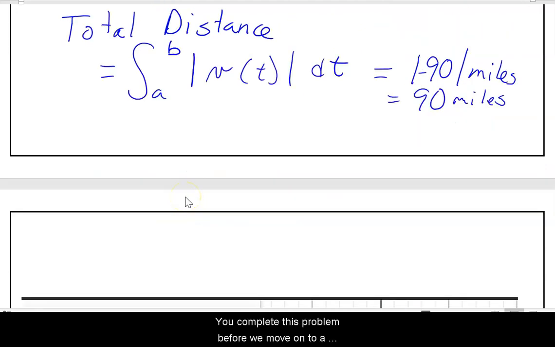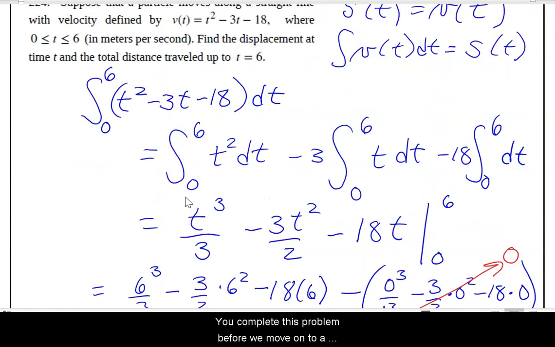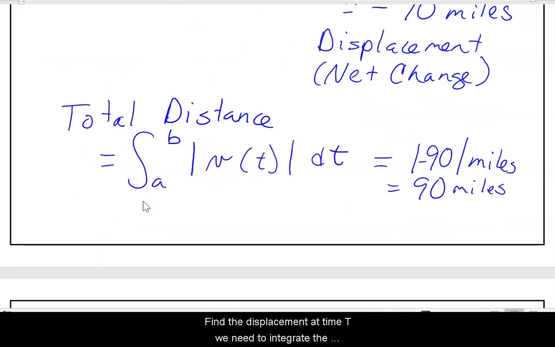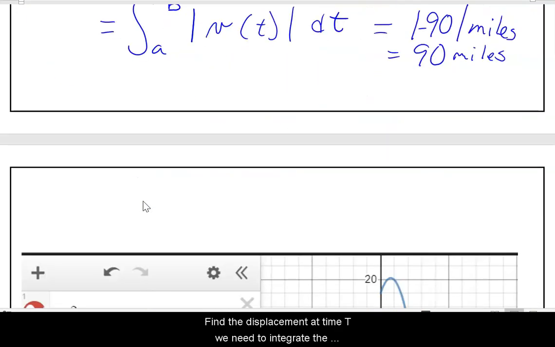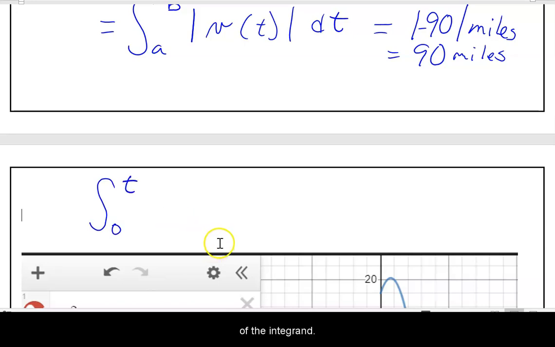To complete this problem, before we move on to a different example, we need to find the displacement at time t. To find the displacement at time t, we need to integrate the function from 0 to an unknown t. Since t appears as a limit of integration, we will need to use a different dummy variable inside the integrand.